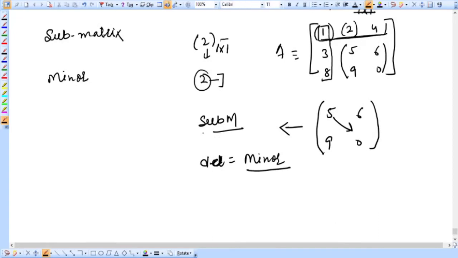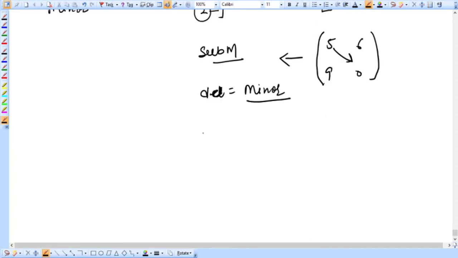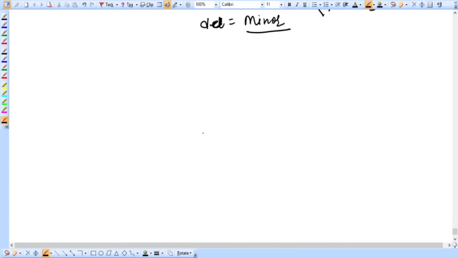So submatrix can be defined as a matrix obtained from A after deleting some rows or columns or both. So this is the definition of submatrix. And how are you going to define minor?